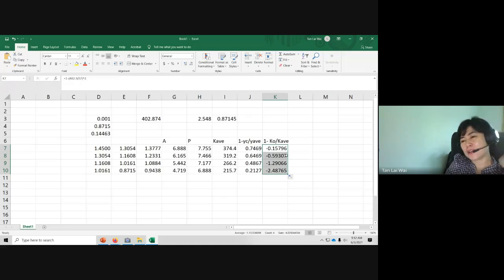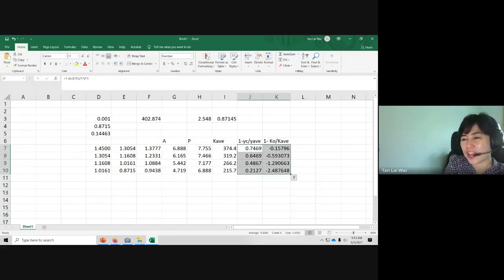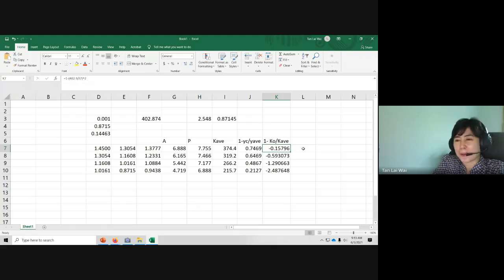Why negative? Because your depth of flow is decreasing. Oh, you actually start from downstream to upstream. Can you check whether this value is correct? Yes, Doctor. Correct. This should be to the power of 3, kan? How about this value? Is it correct? Yes. Okay, great.